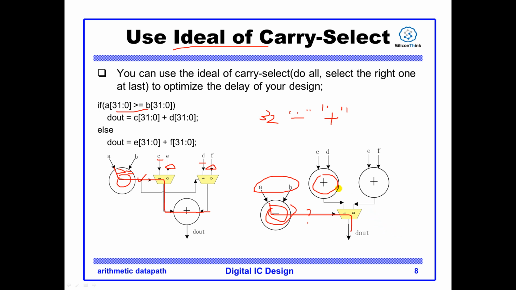But the area is bigger. This is the additional area for the AND function. So you can come to the conclusion.